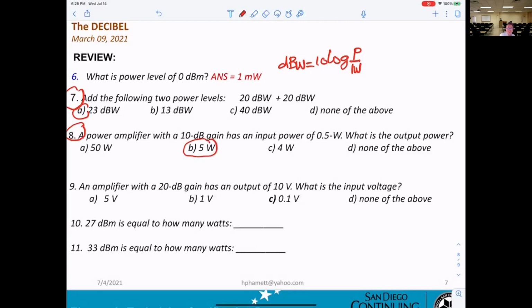Anyone get the same or different? Okay, so we try to finish number 9, number 10, number 11. 9 is letter B. Okay, now you get B.